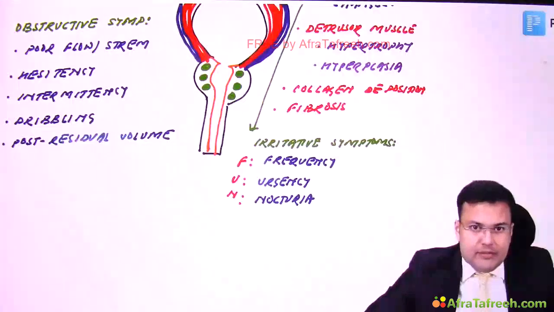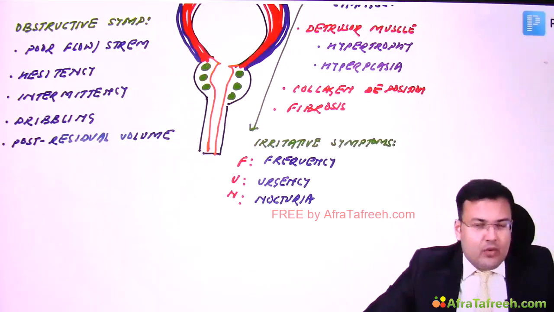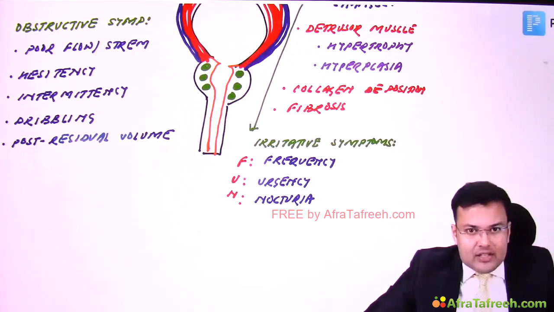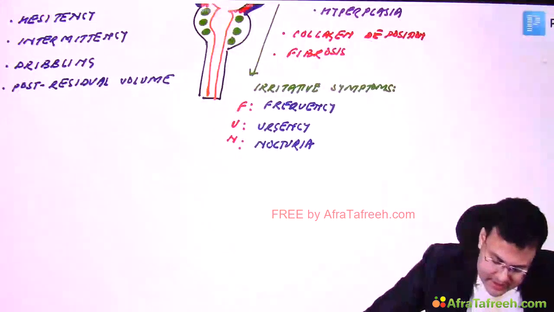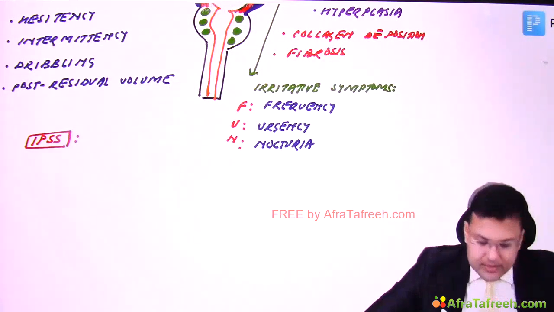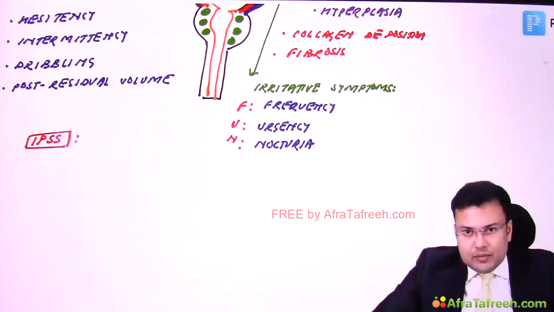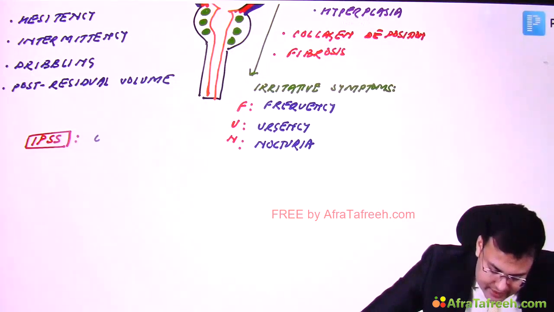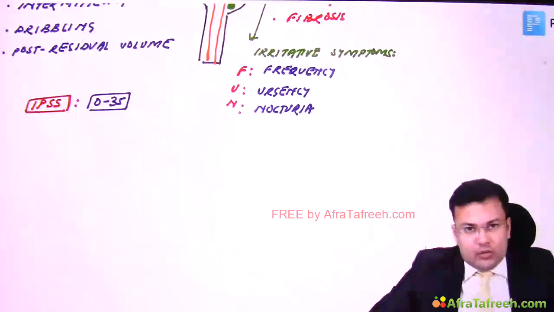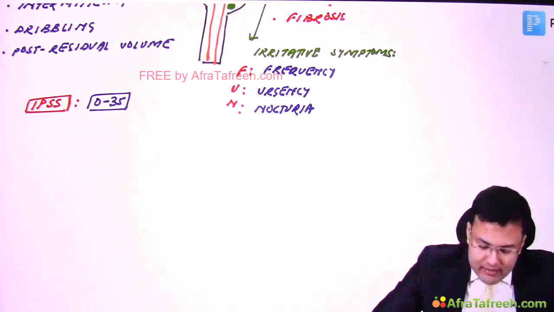On the basis of symptoms of BPH, there is a scoring system known as IPSS. What is the full form of IPSS? International Prostatic Symptom Score. This score varies from 0 to 35, and it is classified into three categories: mild, moderate or severe symptoms.